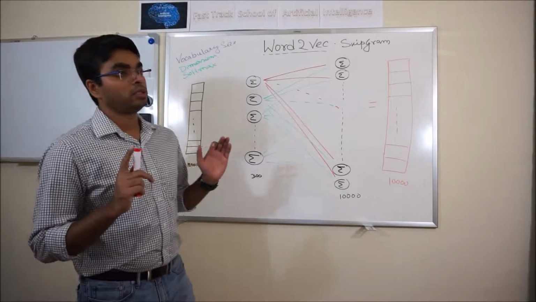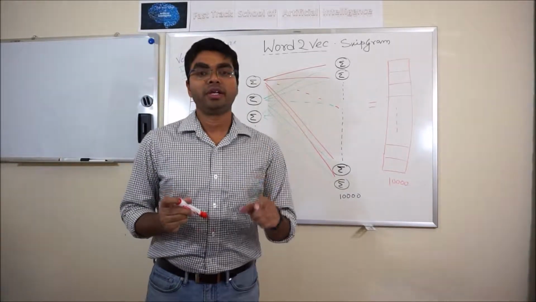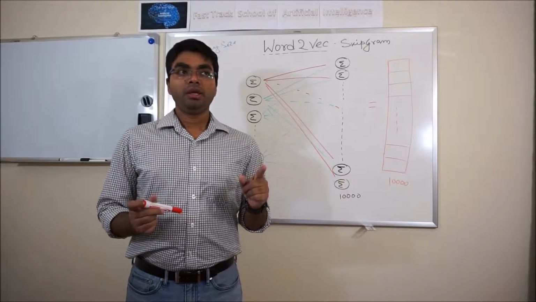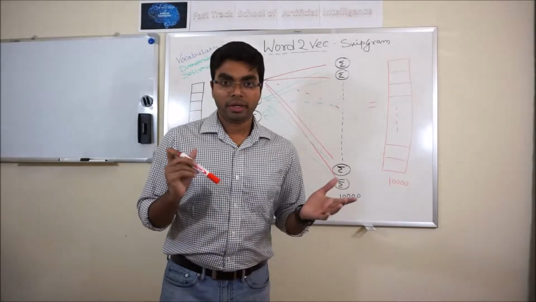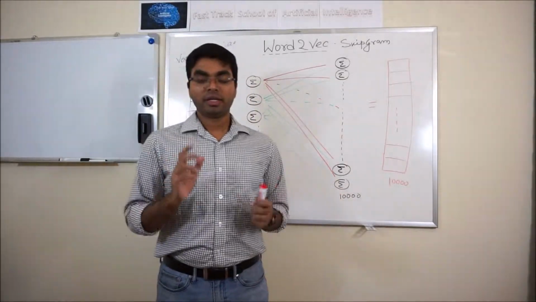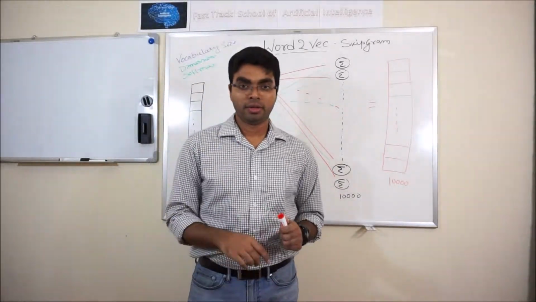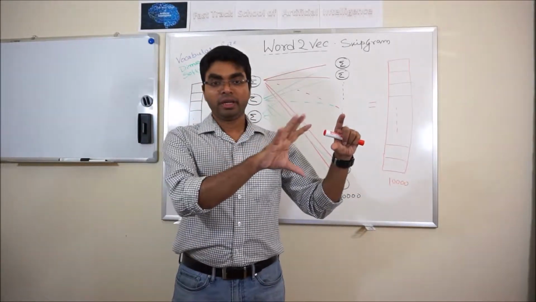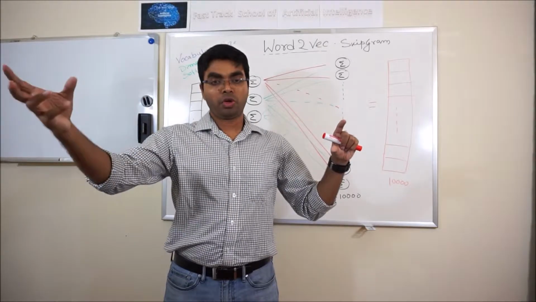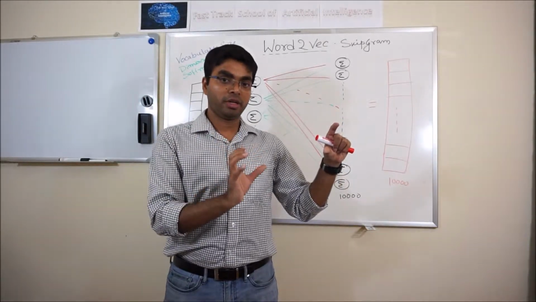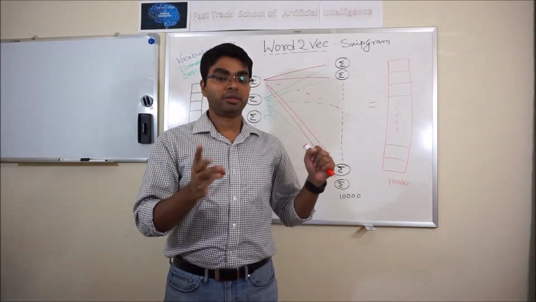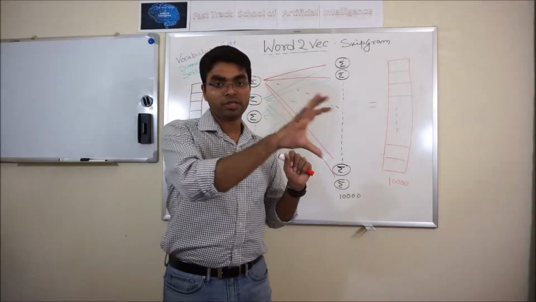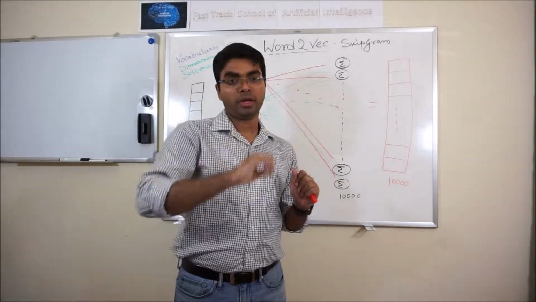This word-to-vec is a neural network model. This cannot be a deep neural network model because it contains only one hidden layer. In a neural network we have the input layer, then a list of hidden layers, then the output layer. In this particular case we have a total of 3 layers: one input layer, one hidden layer, and one output layer.